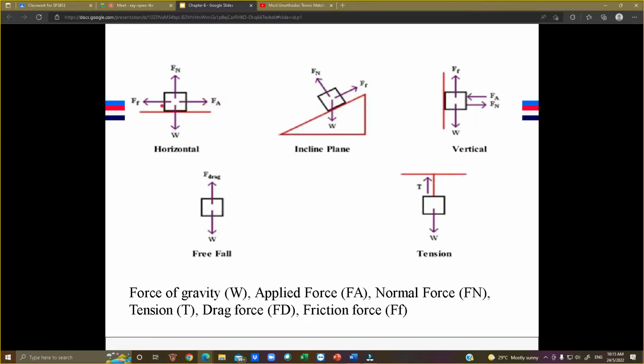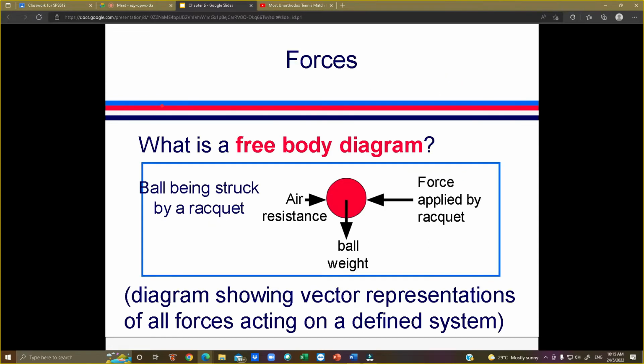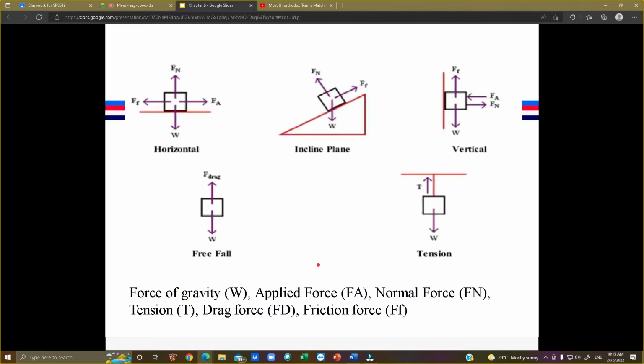Again, when we talk about free body diagram, you need to remember you have these three: air resistance, external force, and gravity. Jadi bila kamu masuk dekat gambar macam mana pun, always downwards is gravity. Ingat yang tu dulu. And then to the left or to the right, you are going to have force and resistance.